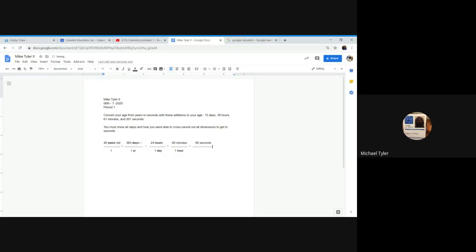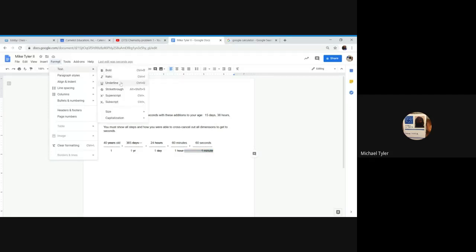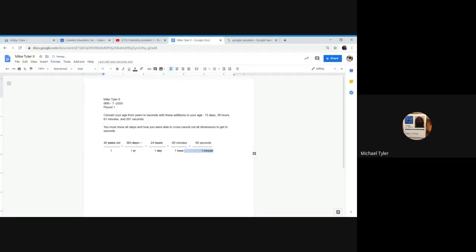Notice I had to put it on the numerator because if I put it downstairs in the denominator, it won't cancel. And you said that's for 1 minute. Okay, let me fix this. All right. Trying to move as fast as I can. Okay.